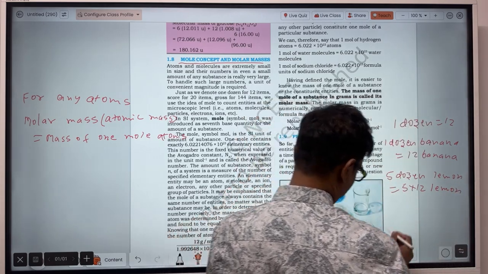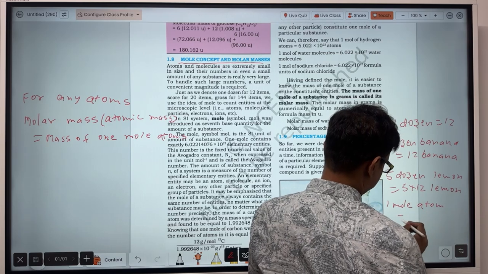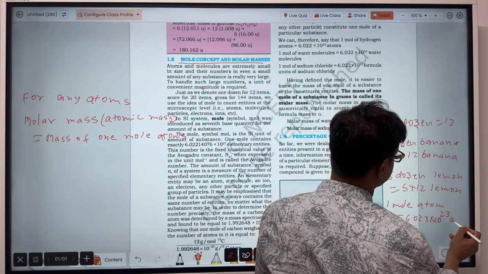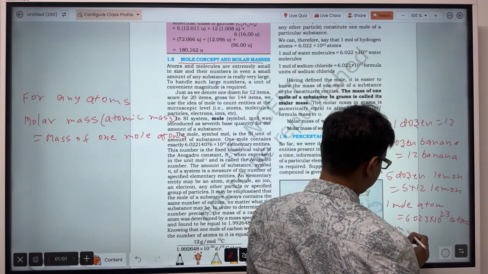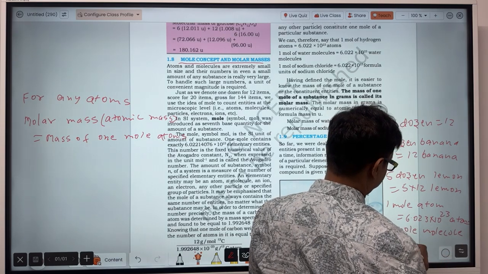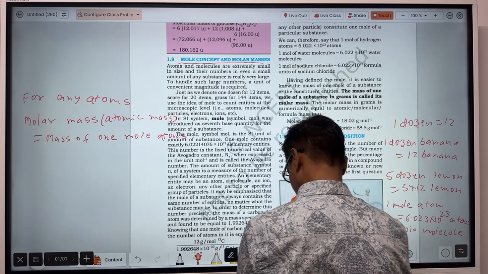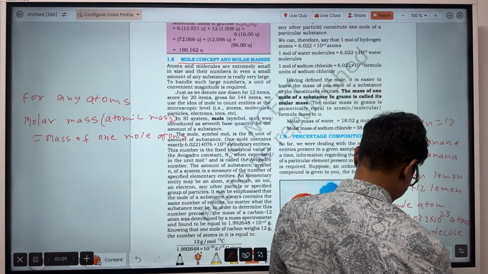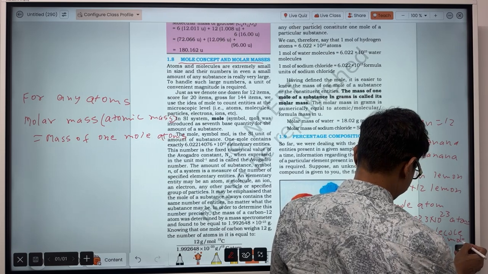Same here, 1 mole of atoms means 6.023 into 10 power 23 atoms. In the same way, 5 mole of molecules will be equal to 5 into 6.023 into 10 power 23 molecules.